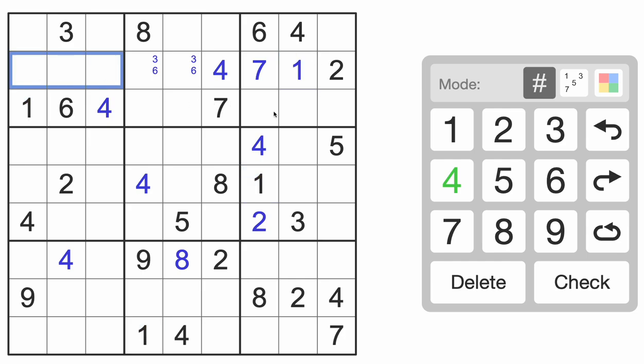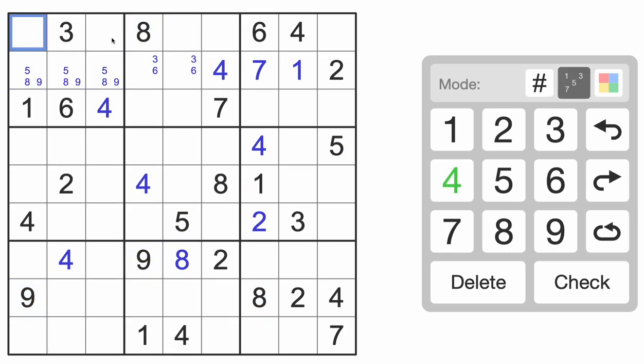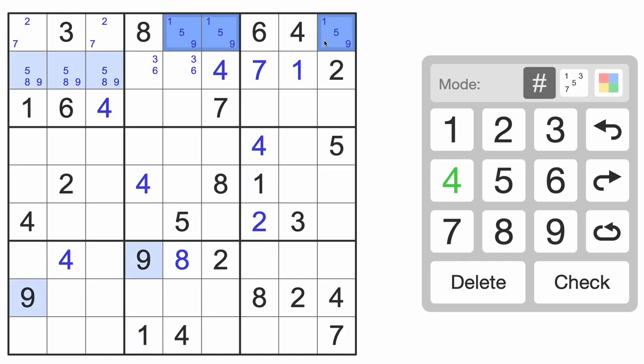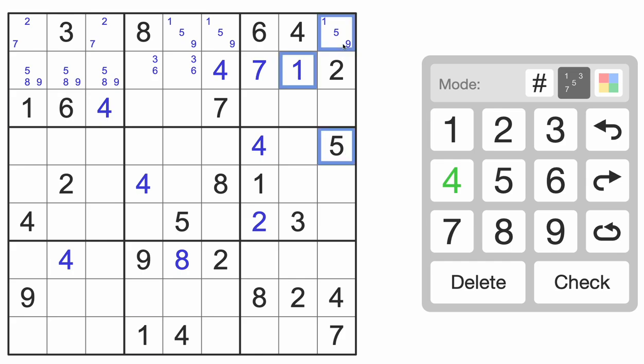And these will be 5, 8, 9, which gives me 2 numbers for these 2 cells, which are 2 and 7. And that tells me 3 numbers for these 3 cells, which are 1, 5, 9. And this cell is blocked by 1 and 5. So this cell becomes 9.